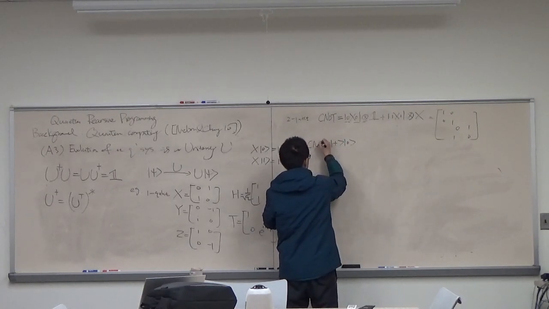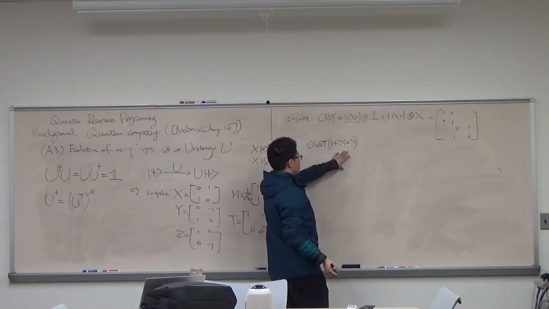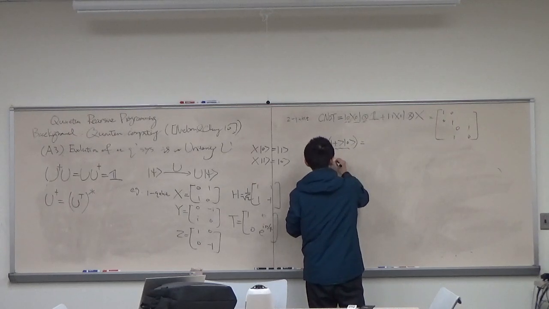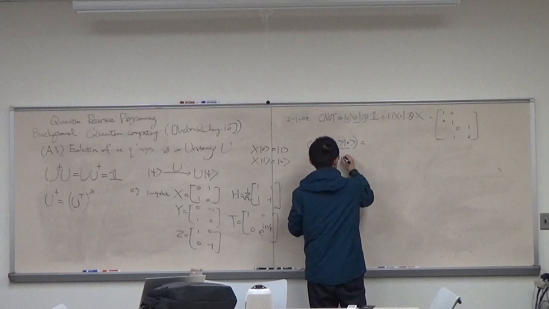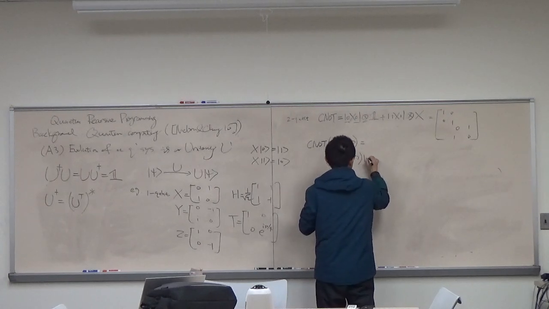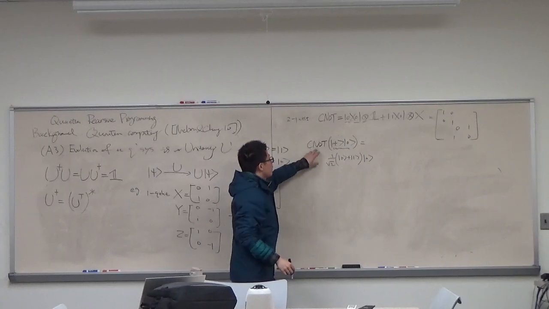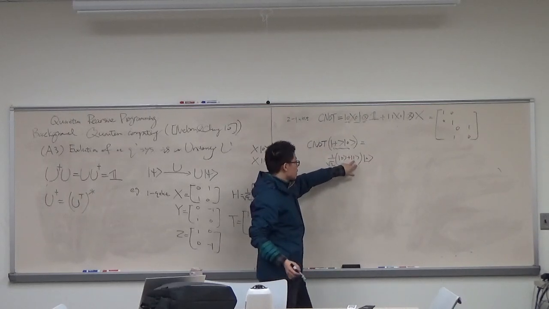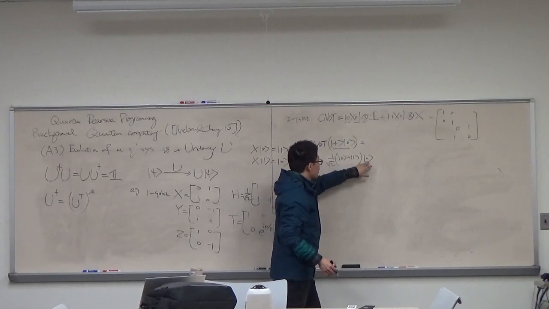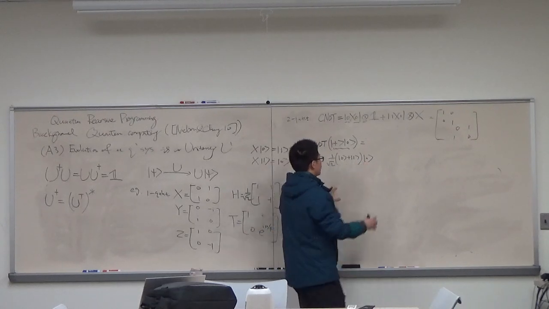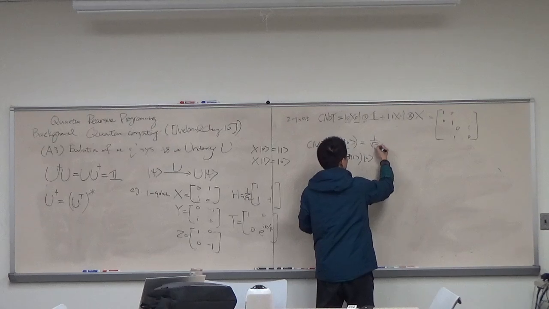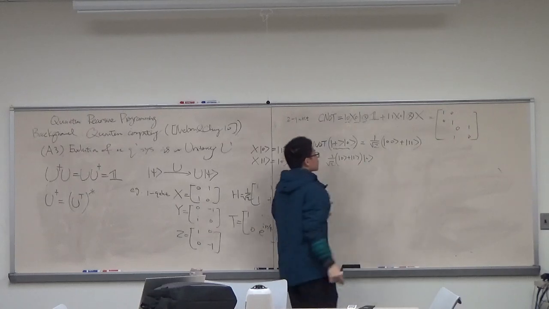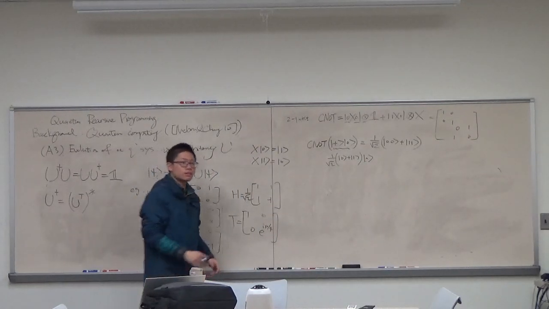If we apply CNOT to this 2-qubit state, it is 1 over square root of 2 times 0 plus 1, then 0. If the state of the first qubit is 0, you do nothing. If the state of the first qubit is 1, then you flip the second qubit, so it will become one of the EPR states. It will become this state. So that's the CNOT.